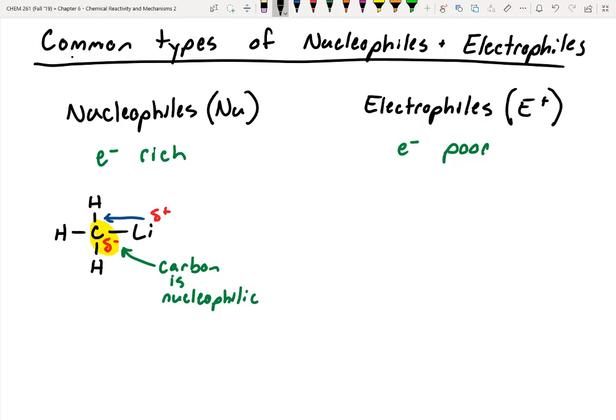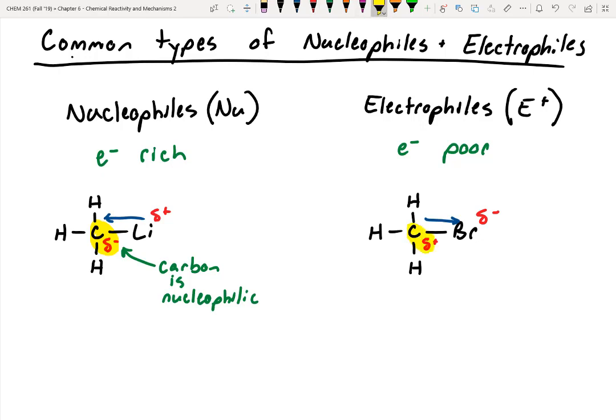All right, let's take another example over here. So kind of different. In this case, what's more electronegative, carbon or bromine? Bromine. So the dipole is going to be pointed in the opposite direction. Now bromine has a partial negative, and carbon in this case will be positive.